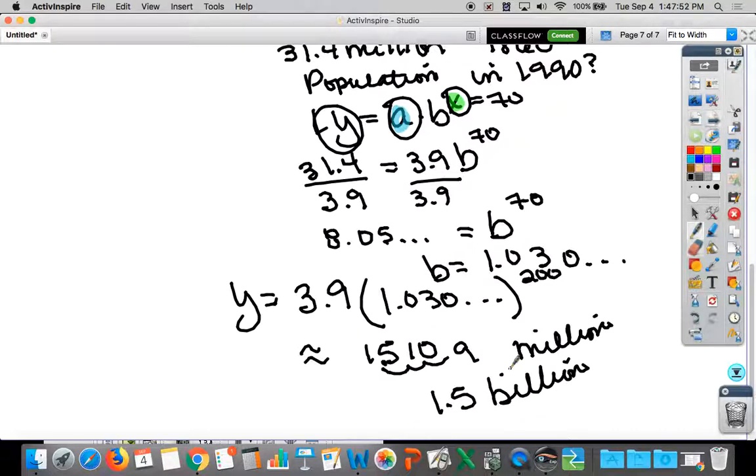But they should have accepted the 1510.9 million would be okay. Okay, any questions on that one? Ask me questions if there's something that you don't get. If you have any questions right now.